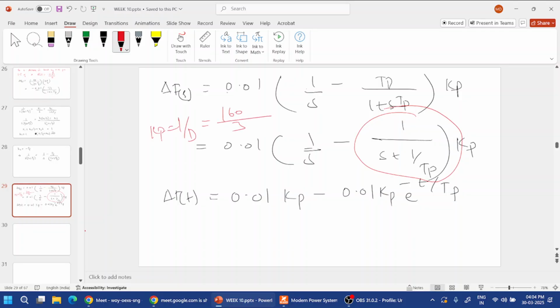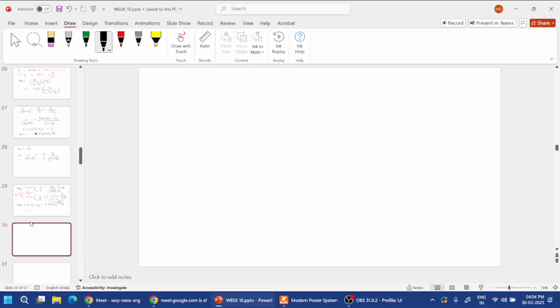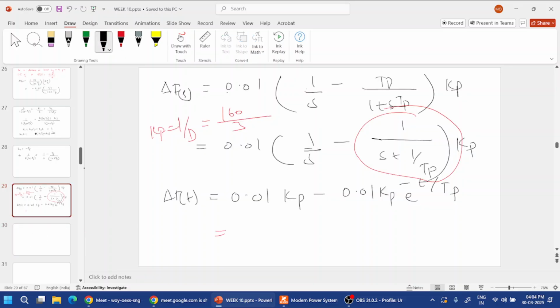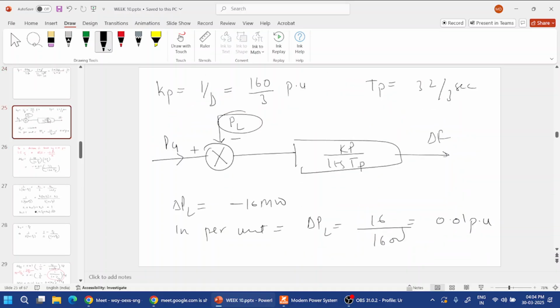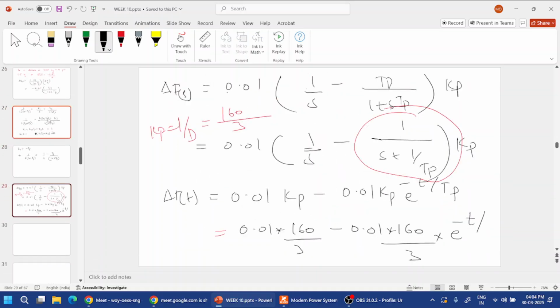So putting that value, we get 0.01 into Kp, which is 160 by 3, minus 0.01 Kp, which is 160 by 3, into e raised to the power minus t by Tp. And Tp value is 32 by 3.